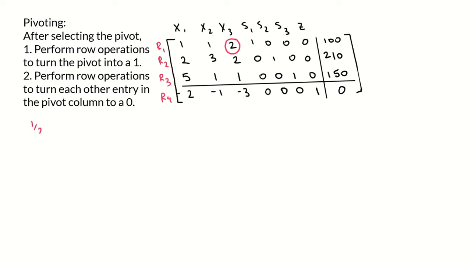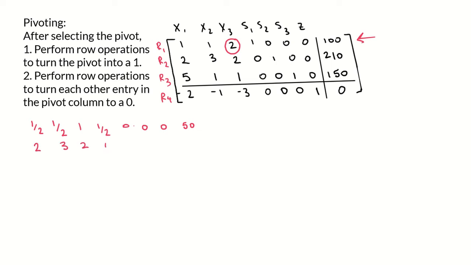Which will give us the matrix 1/2, 1/2, 1, 1/2, 0, 0, 0, 50. And then that's just the first row changed. Every other row remains the same.